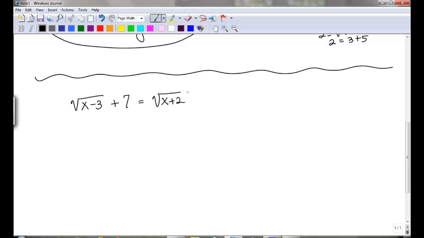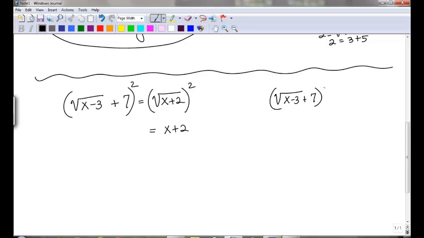I'm just making up a problem. I'm not going to solve this all the way. But if I squared both sides, I've got to get rid of that radical. So I'm squaring both sides. It gets rid of this one. Now, how do you square this? If you don't know how to square it, you're going to have to write it out the long way. I'll take you through the long way and the shortcut.